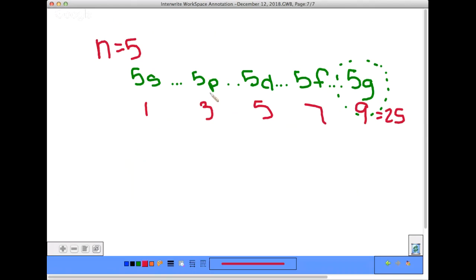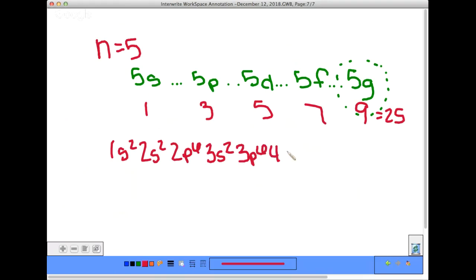For example, Ds are always higher than the S's for our energy level. So for example, if we have 1s2, 2s2, 2p6, 3s2, 3p6, 4s2, 3d10. I think I said lower, but I meant higher.